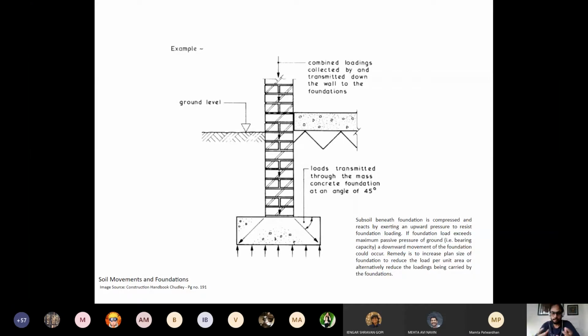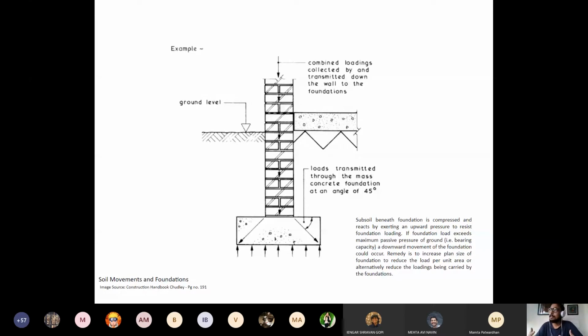The subsoil beneath the foundation is compressed and reacts by exerting an upward pressure to resist the foundation loading. Imagine you are standing on quicksand for some time. You will soon find that you are starting to sink. But if you have padded shoes, you will not sink. That is almost exactly what is happening with the building and its foundation.